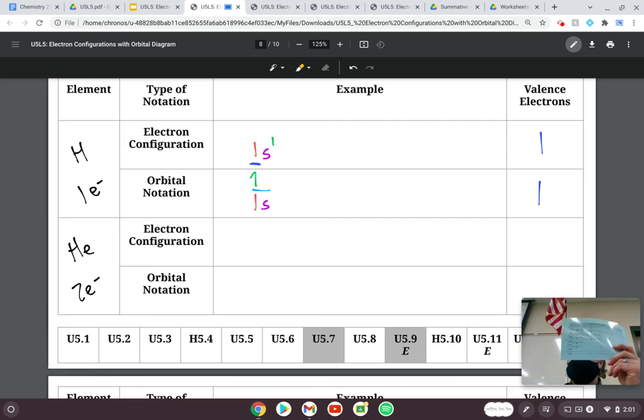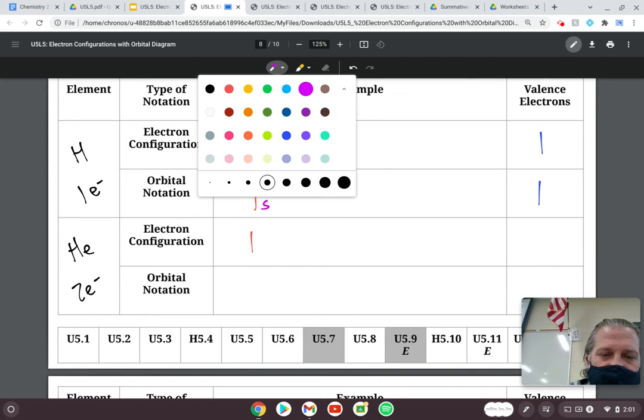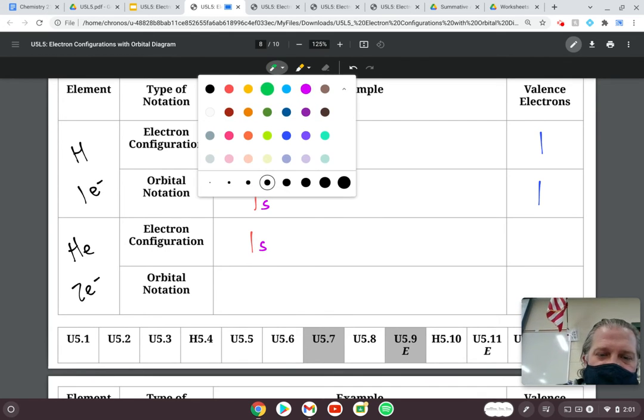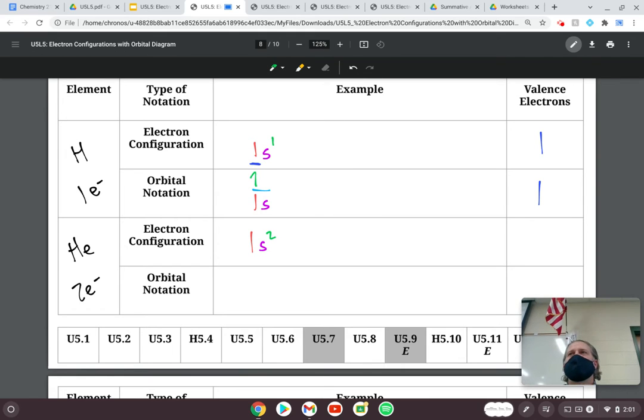So again, I'm going to get my chemistry friend Sally here, and I'm going to start in the lower left-hand corner with 1s again. So it's going to be 1s, and the S shape can hold 2 electrons, so I'm going to put a 2 here.